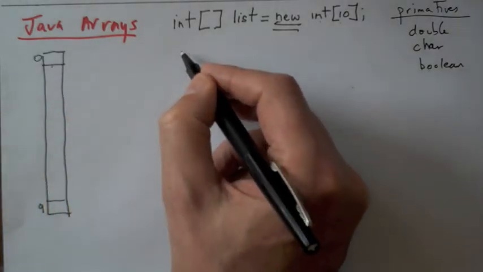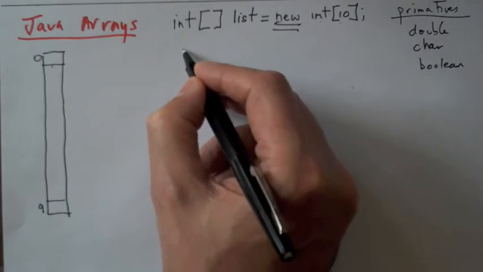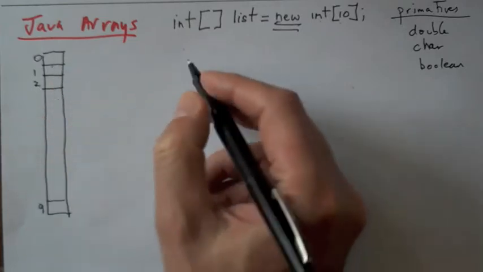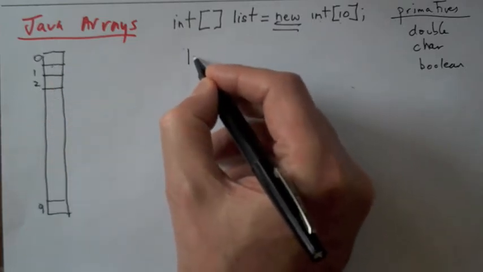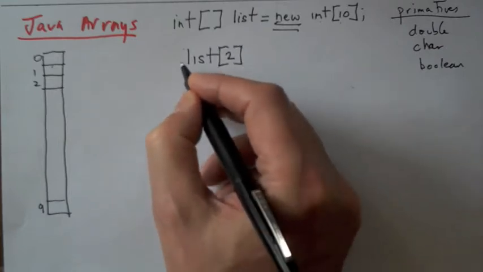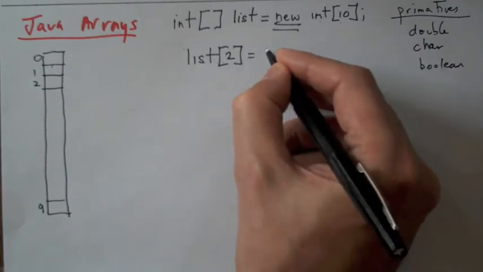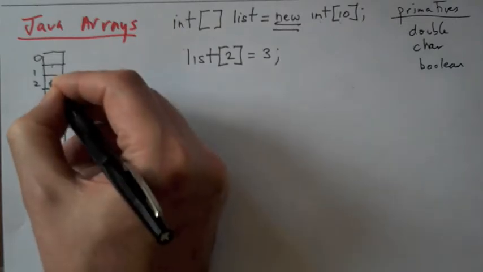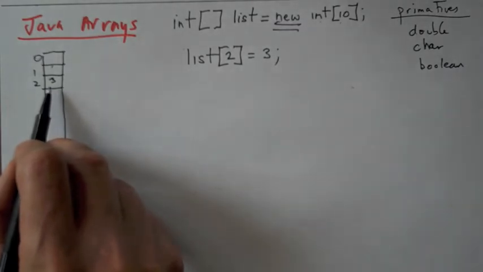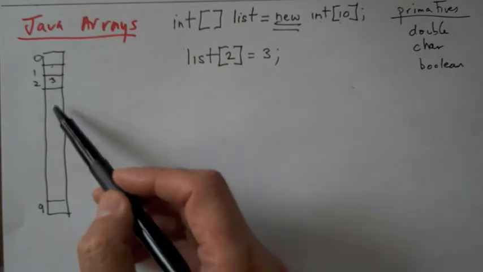So in this case, if we wanted to put something in the 2 position, which is the 3rd position, we would do list bracket 2, and the terminology is list sub 2 equals, say, 3. Now 3 in its binary form obviously would be stored right in that memory location, and so on. So you have immediate access to any of the index positions.